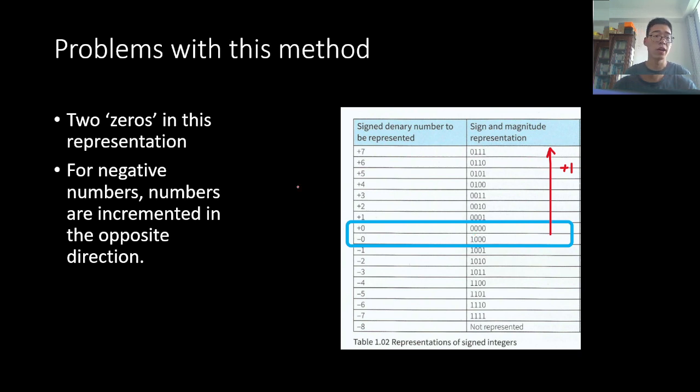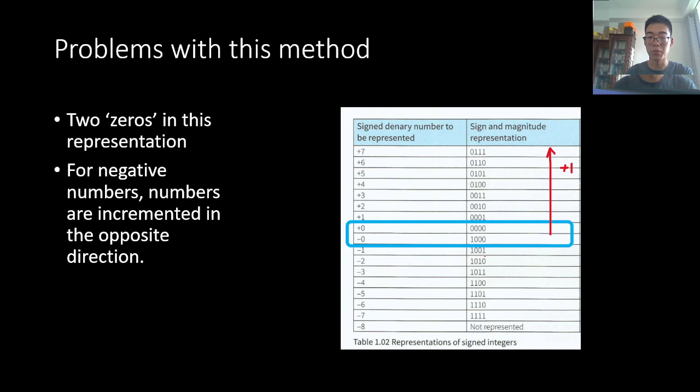Another thing is that for positive numbers, 0000, 0001, 0010, 0011, are all incremented by 1. However, for the negative numbers, we know that minus 2 plus 1 is minus 1, but here, when we subtract 1 from minus 2, we got minus 1 as well.